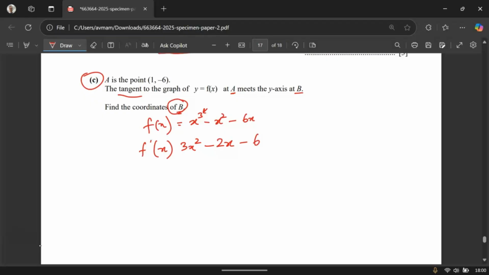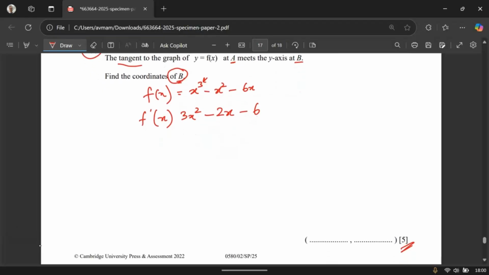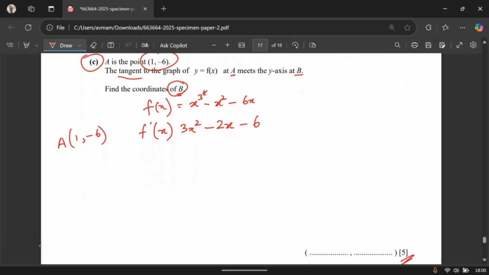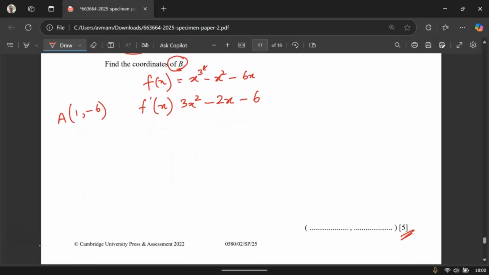Let's find the gradient at point A. To find the gradient at point A, we know they have given the coordinates of A as (1, negative 6). So let's substitute these values of x into the function over here. To find the gradient, all we need to do is calculate 3 times 1 squared minus 2 times 1 minus 6. What did we do over here?